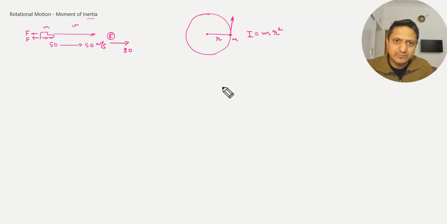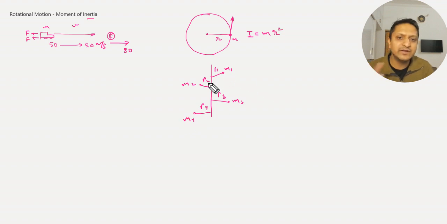Now this moment of inertia in a discrete system: if there is a single axis here and we have r1 m1, r2 m2, r3 m3, and r4 m4, then if we add all the inertias together, we get the net inertia.